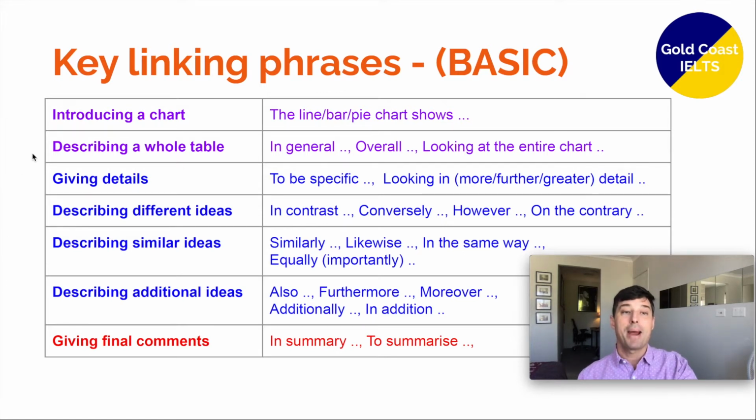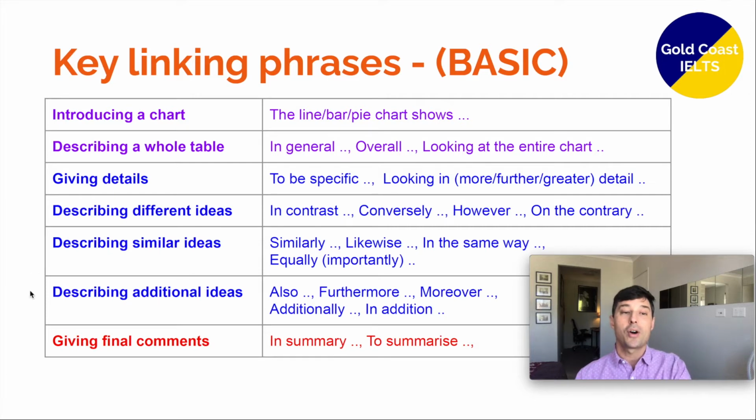Now for the second paragraph we need to give details, for example, to be specific or looking in more detail. We need to describe different ideas by saying in contrast, conversely, however, or on the contrary. We need to sometimes describe similar ideas, so we can say similarly, likewise, in the same way, or equally importantly.